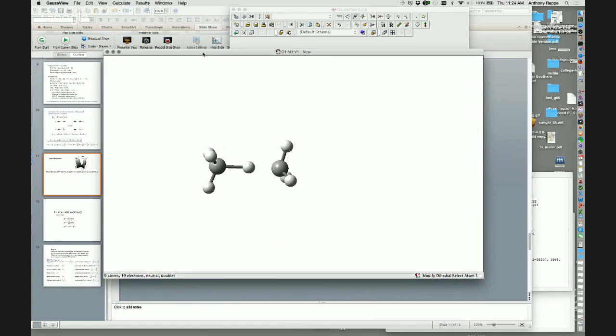Okay, so we sort of tweaked around, guessed the geometry for the transition state, and now what we're going to do is set that up.